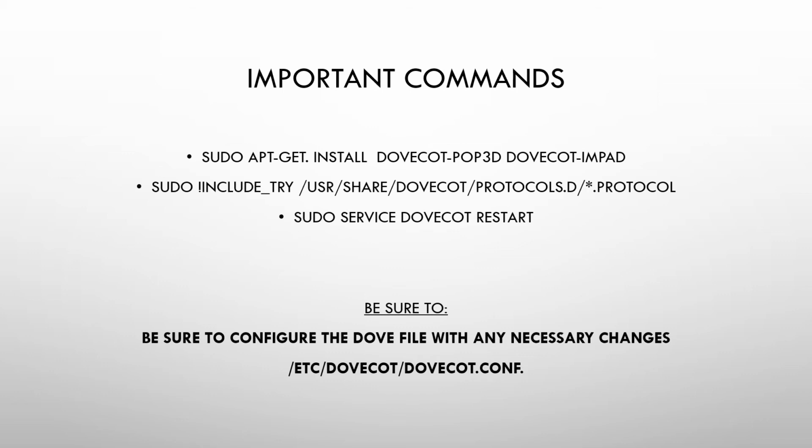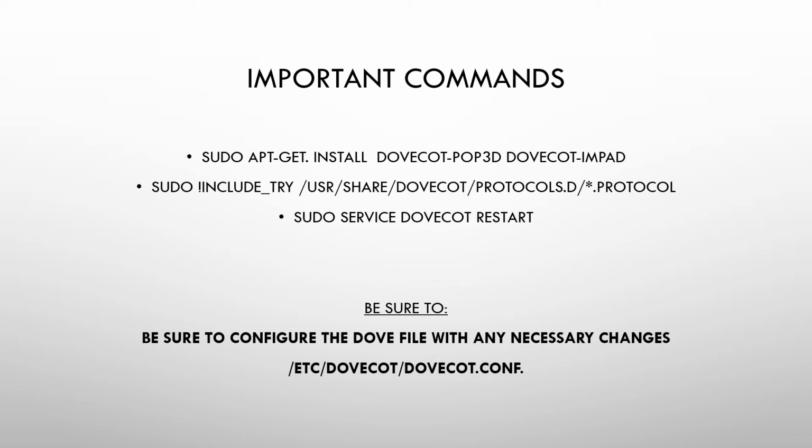So the second command that I prompted up there is actually very, very important. I also made sure to put it in big bold letters at the bottom. Be sure to configure the Dovecot file with any necessary changes.